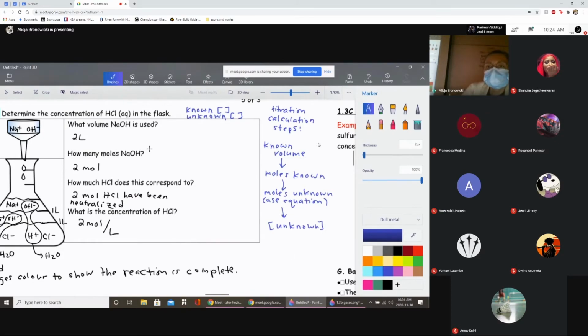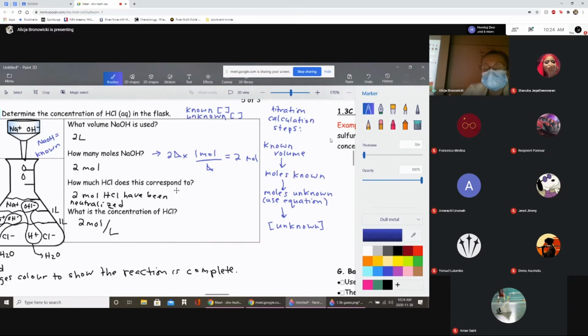Over here, our NaOH is my known. I know the concentration of this. So 2 liters, how many moles of NaOH? Well, 2 liters times 1 mole per liter is 2. So that corresponds to 2 moles of HCl.